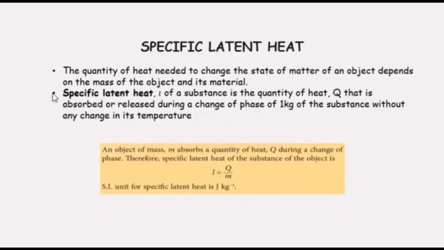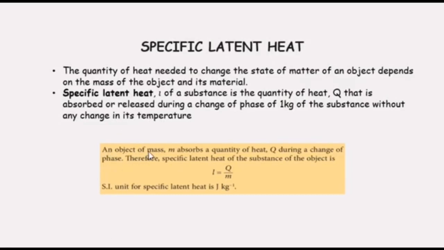Next, we will see specific latent heat. The quantity of heat needed to change the state of matter of an object depends on the mass of the object and its material. Specific latent heat L of a substance is the quantity of heat Q that is absorbed or released during a change of state of 1 kg of the substance without any change in its temperature.